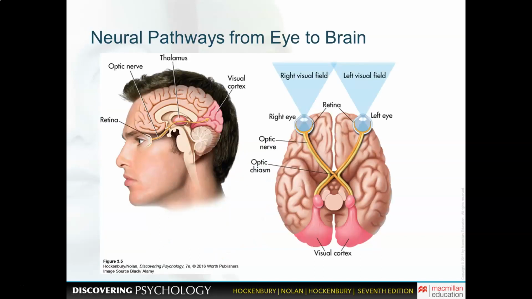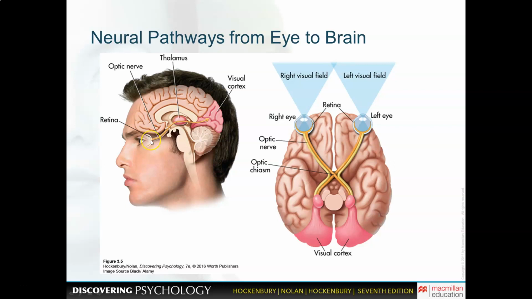Now here's some interesting imagery about the neural pathways from the eye to the brain. Here, the incoming light touches the eye, and remember the retina is at the back of the eye.